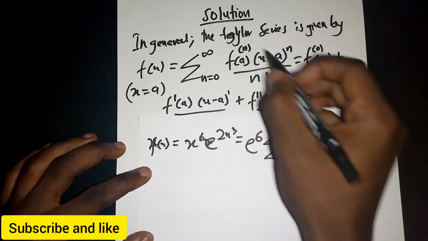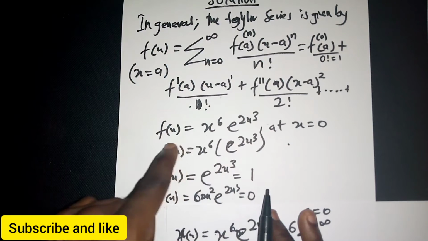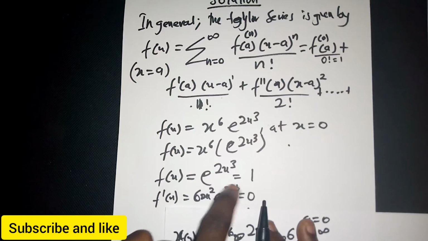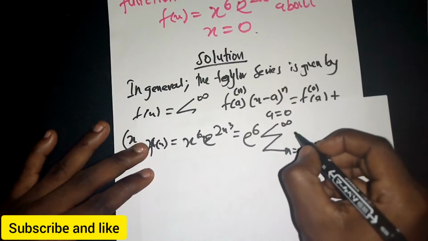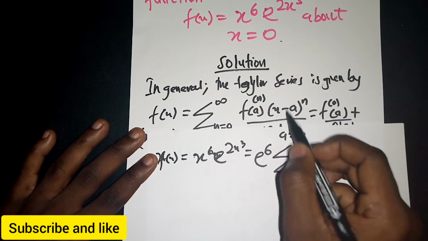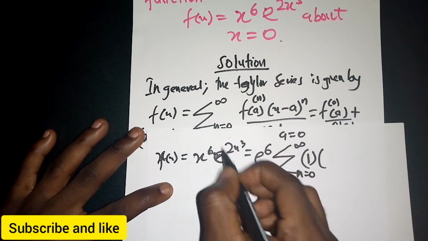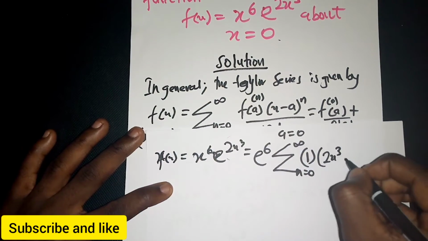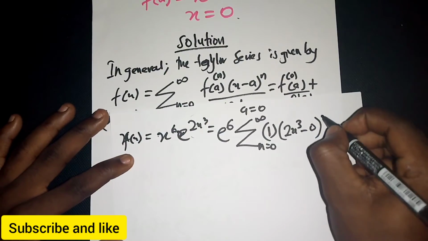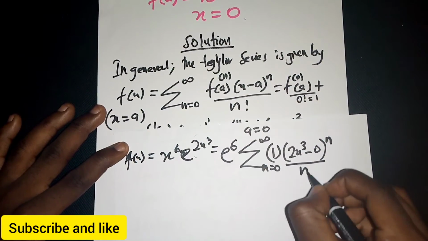Now writing the general one, we have f of a, which we saw is 1. Then for x minus a, which is just 2x cube minus 0, then to the power n, divided by n factorial.